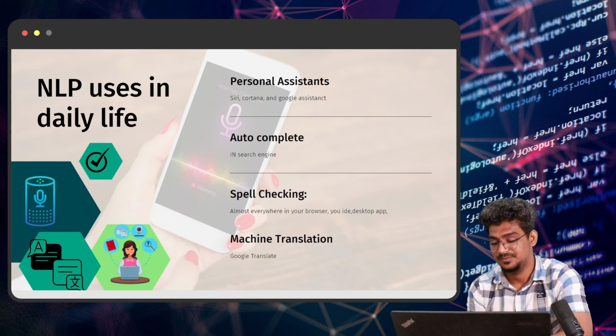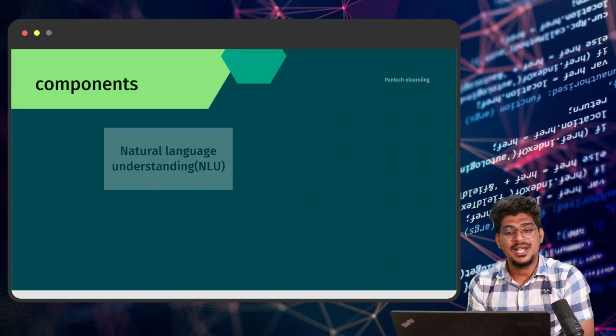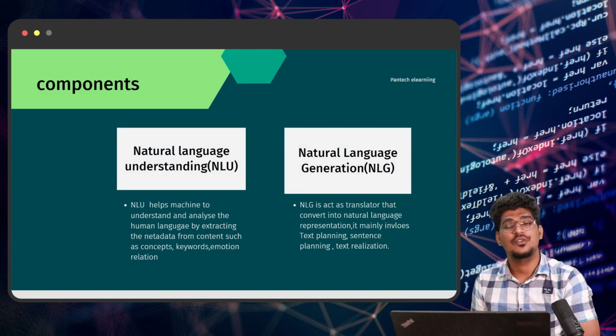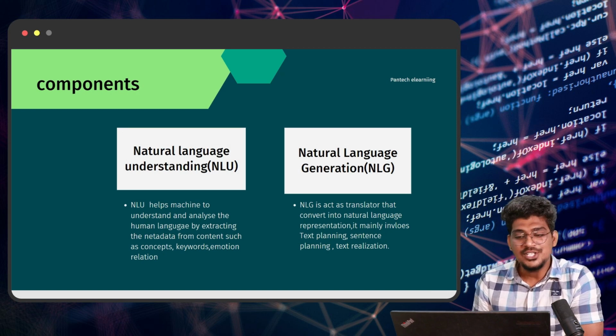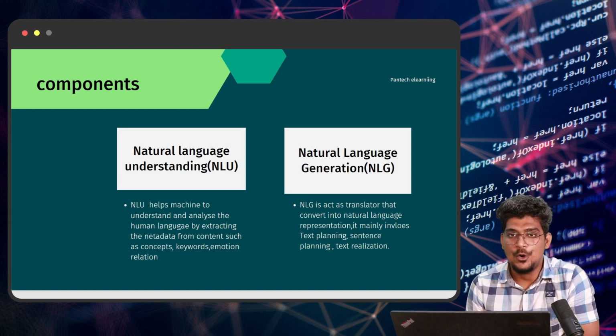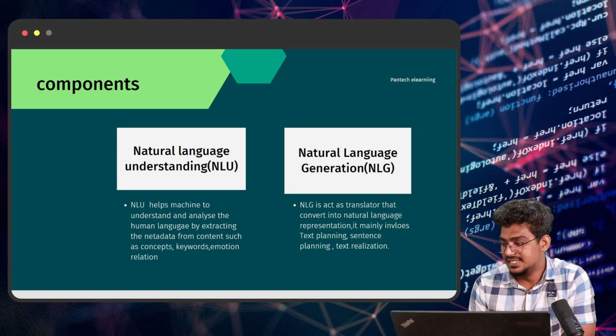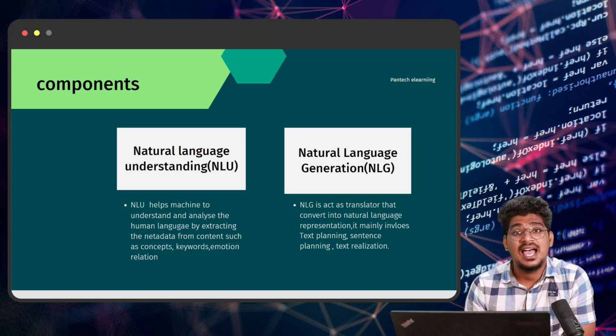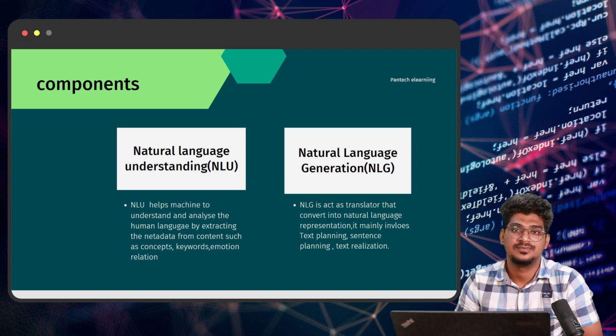Okay, right. Now I'm going to enter the components of NLP. First of all, two different components will be there. That is natural language understanding and natural language generation.